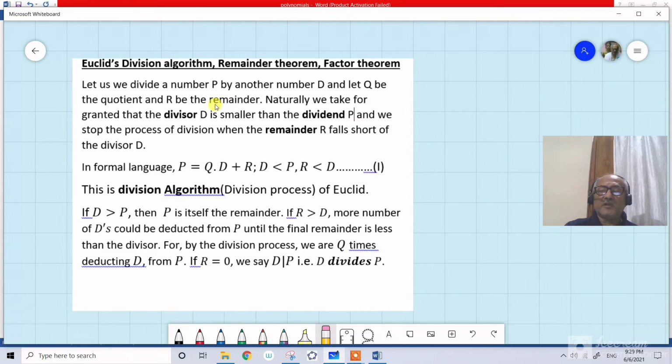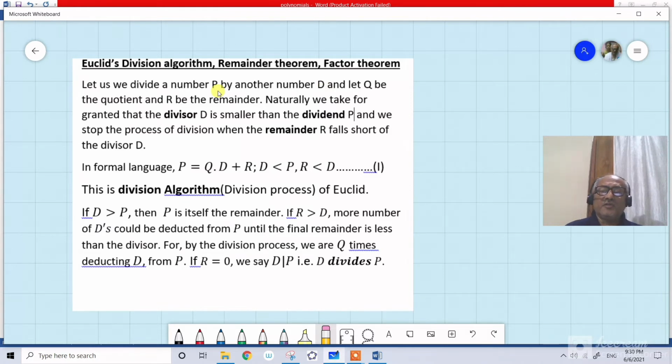Remainder means that which is left over, which we are not able to divide further. So naturally, this remainder must be less than the divisor. R must be less than d, so that we cannot divide any further, we cannot subtract any further. And for division, this divisor must be less than the dividend.